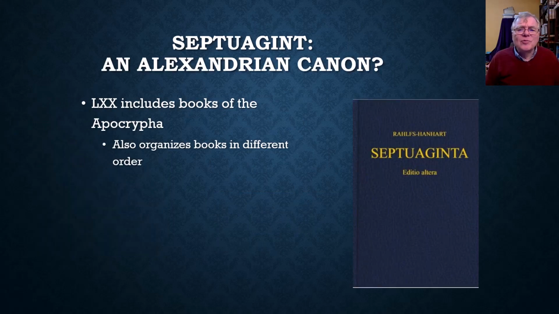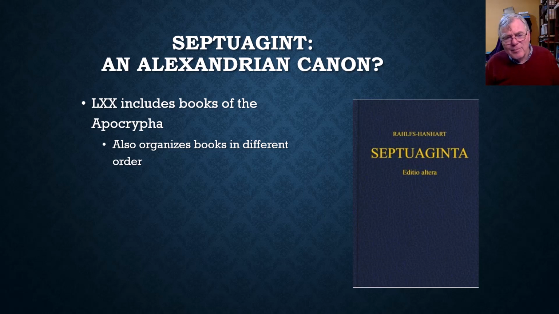Another question that comes up has to do with the Septuagint and what canon the translators of the Septuagint accepted. Because when you look at the Septuagint, printed in the Septuagint manuscripts are not only the books of the Old Testament, as in the Hebrew canon, but also the books of the Apocrypha.